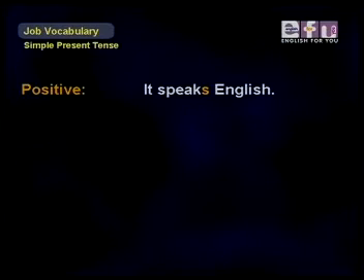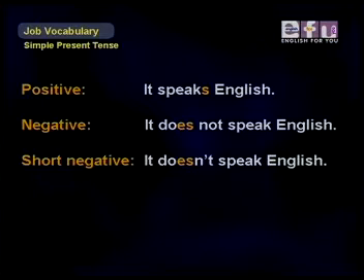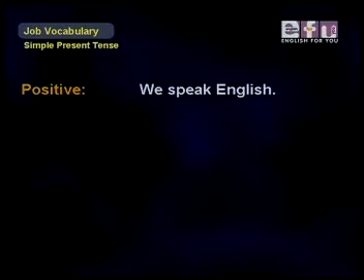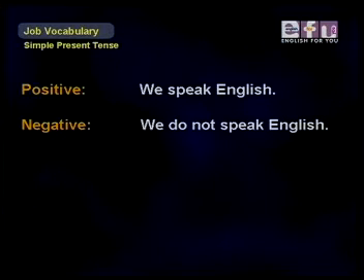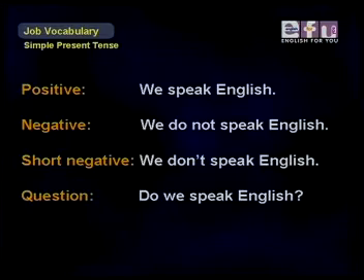It speaks English. It does not speak English. It doesn't speak English. Does it speak English? Now for we. We speak English. We do not speak English. We don't speak English. Do we speak English?